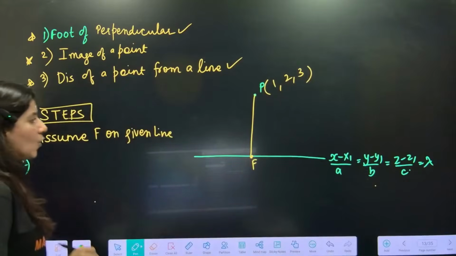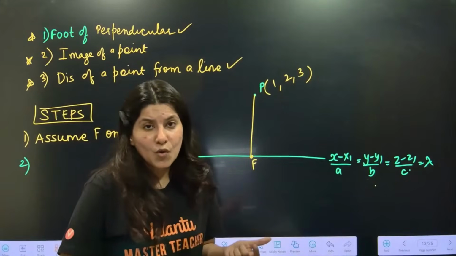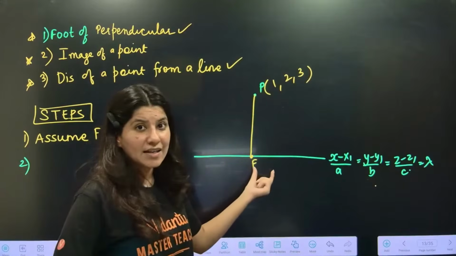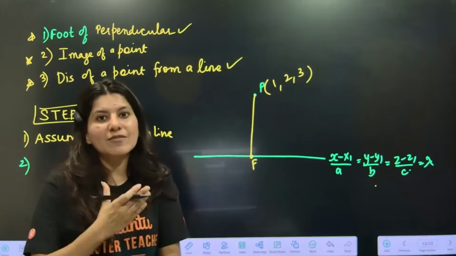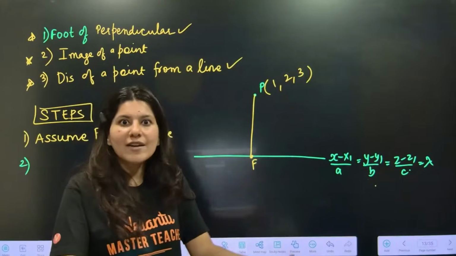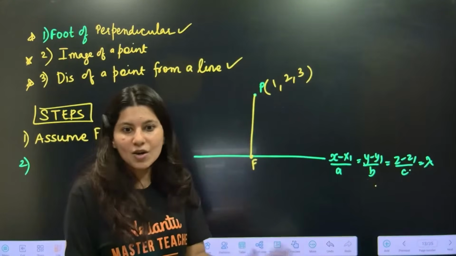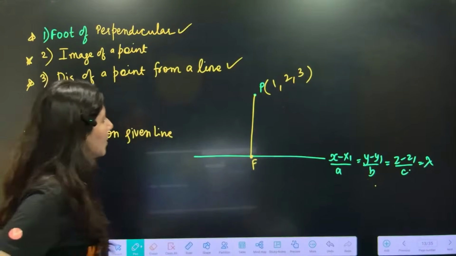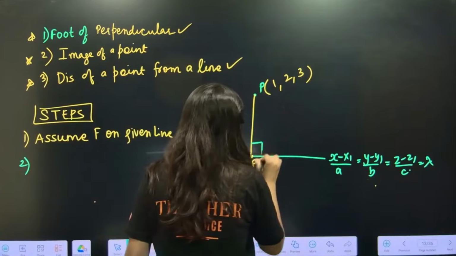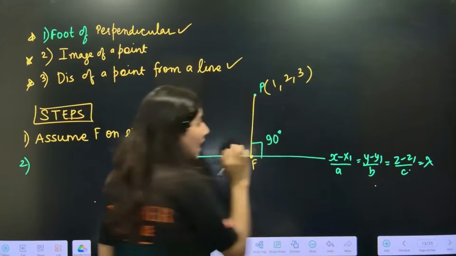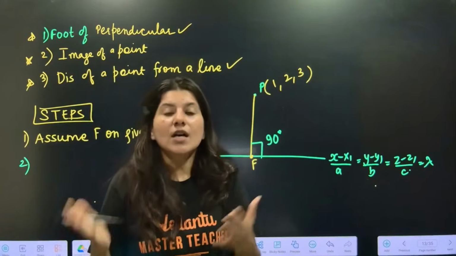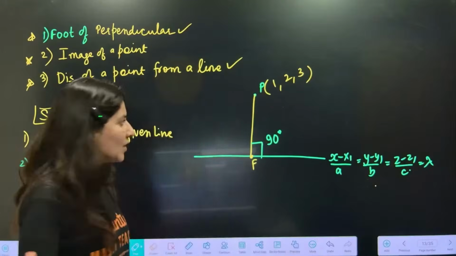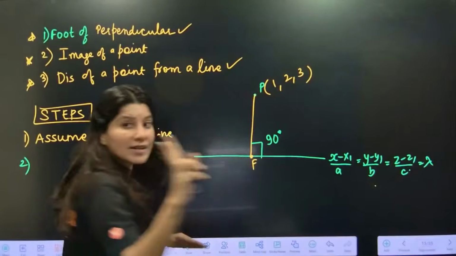Now all we want to know is, understand, if you have assumed F in terms of lambda, you are just looking for lambda. If lambda is sorted, then your F is sorted and the whole question is done. How to get lambda? For that, I can see a 90-degree angle over here, and I know that whenever two vectors are perpendicular, the dot product becomes 0. Which two vectors are perpendicular?